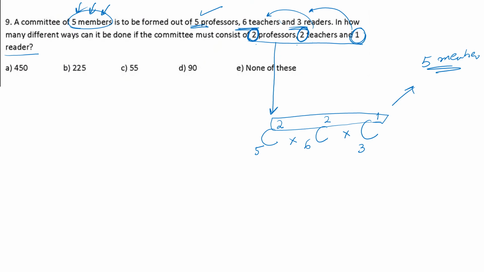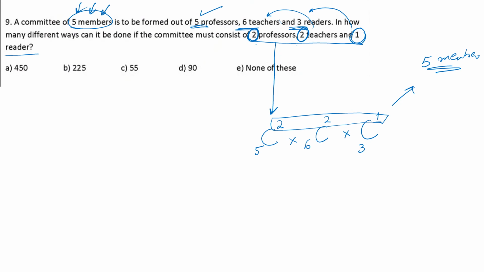So I hope that the combination concept is already clear to you. The first thing is that in AND cases, you multiply the situations. In OR cases, you add the situations. Select the number of professors from the professors, number of teachers from the teachers, green balls from the green balls, girls from the girls, boys from the boys.